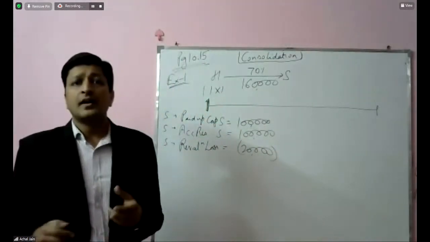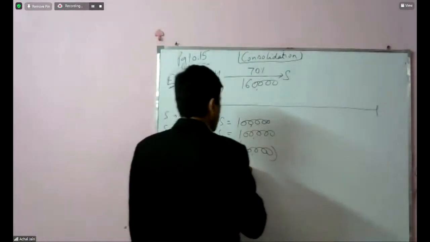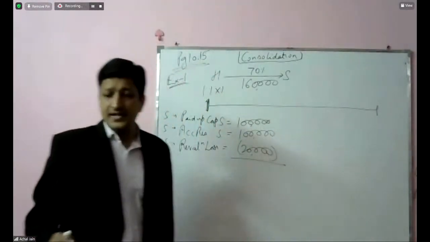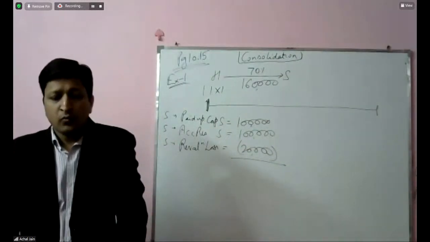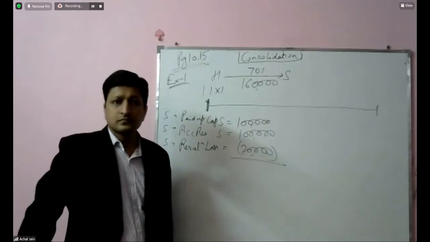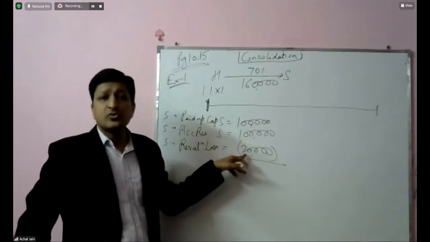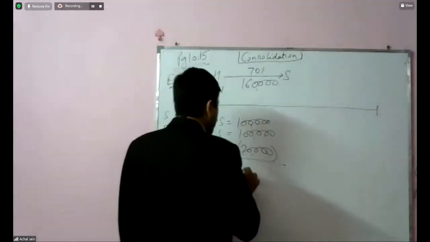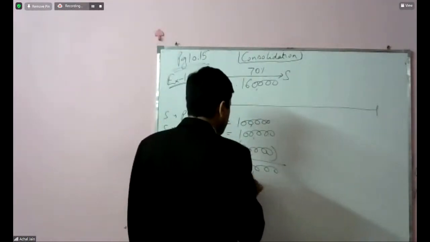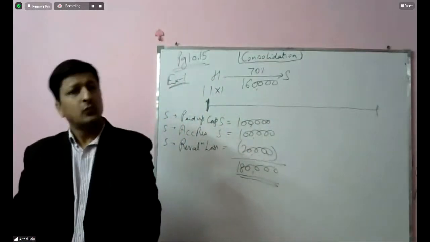So what is the net asset of S? Net assets of S. What do we have? It's 2 lakh less 20,000. 1 lakh 80,000. 1 lakh 80,000. Okay.